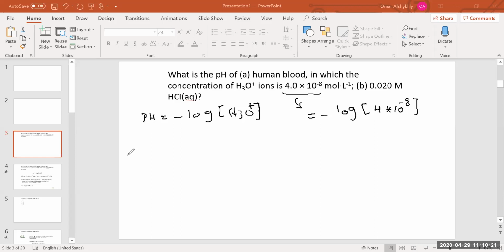I will just go without doing the calculation in the calculator. I just show you the numbers and you will plug them into your calculator to find the answer. I just want to go and practice with more examples. So here you will get the logarithm for this one. I don't have the calculator with me right now.